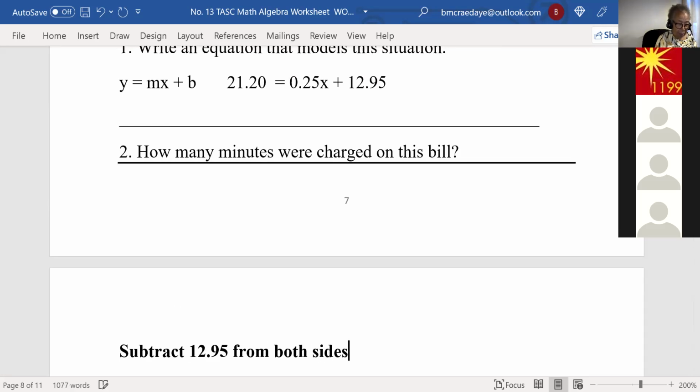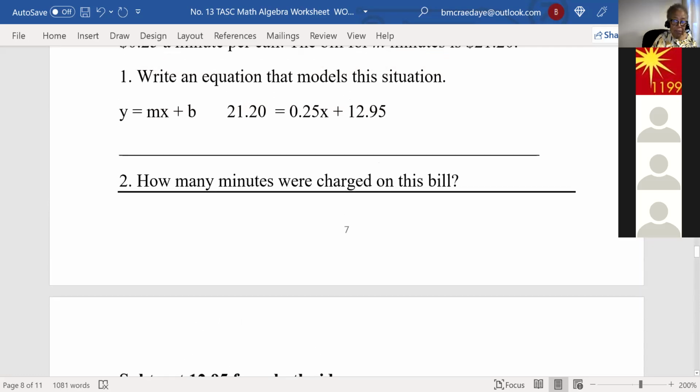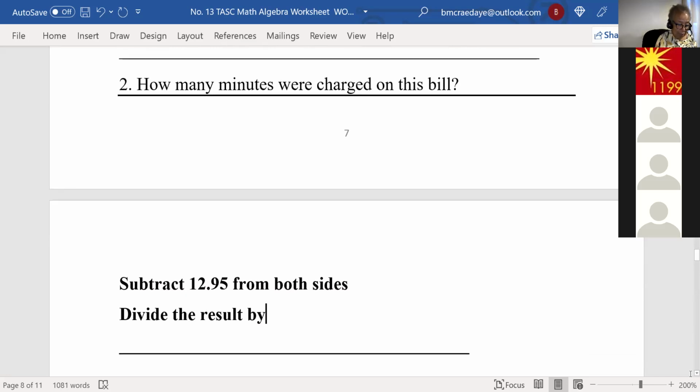And then the second step, you divide the result by the coefficient of the x, and what was that, 0.25? Yeah. Divide the results by 0.25, and that would be your answer for the minutes, the second part of that problem.